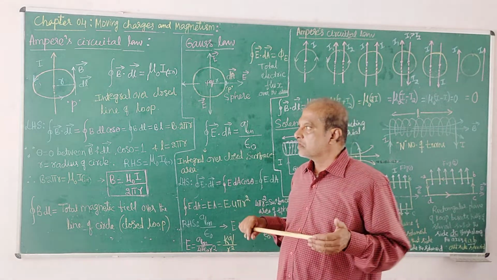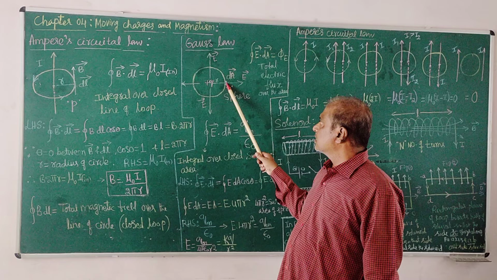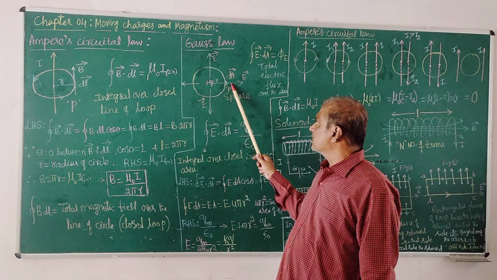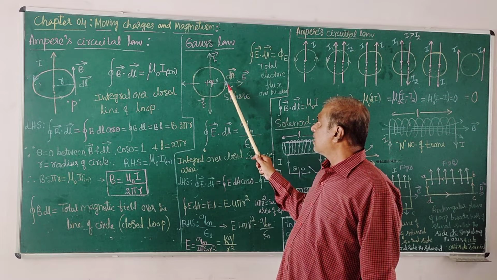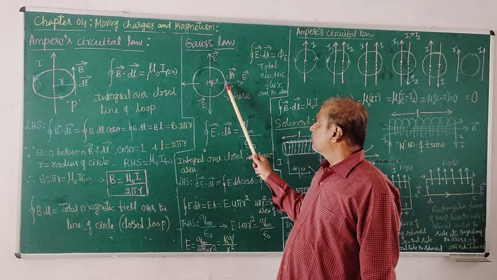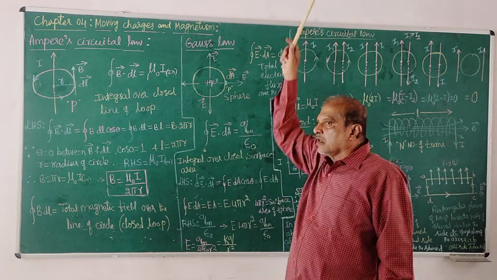That is the direction. So if I have taken a dA surface here, its direction is like this. And at this point, the direction of the electric field is also along the same line. Both lines are coinciding in the same direction at this point.